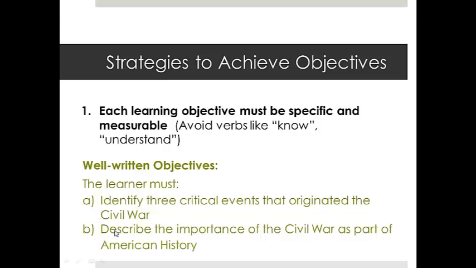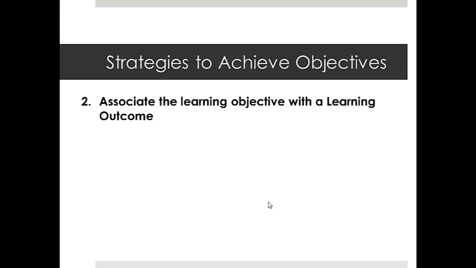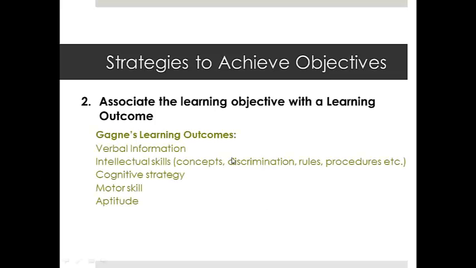The first objective is now more specific, and both of them are now measurable. These types of learning objectives are also called behavioral objectives because they start with a behavior. Once the objectives are specific and measurable, you can then associate them with the kind of learning expected, also known as the learning outcomes.